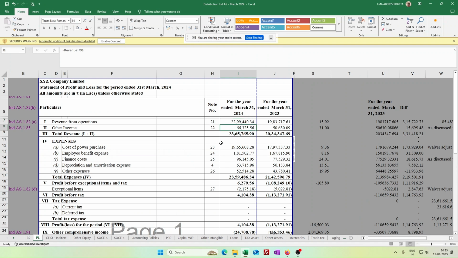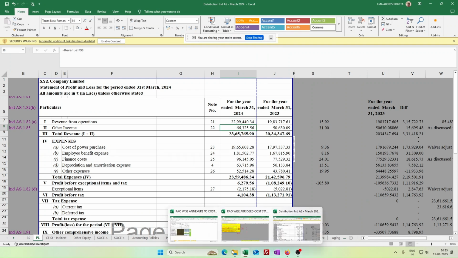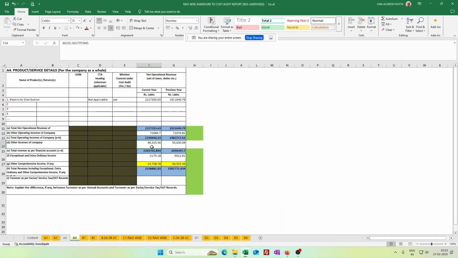This is other income, 66,325.56. Total revenue as per financial accounts.